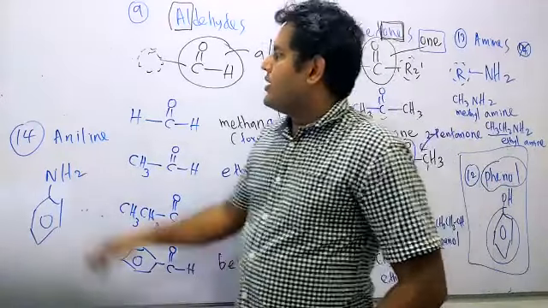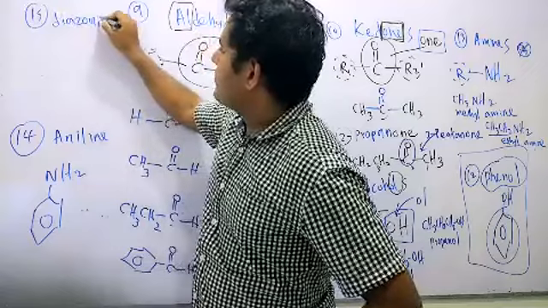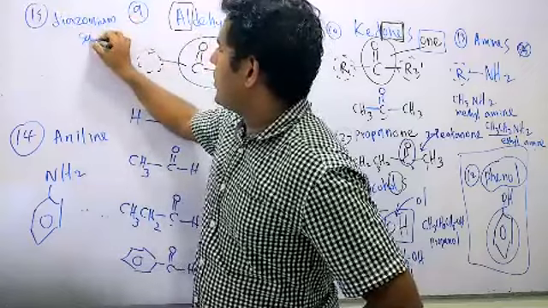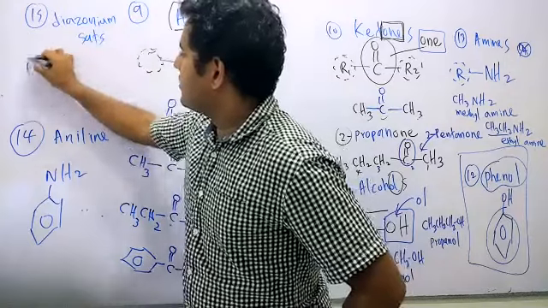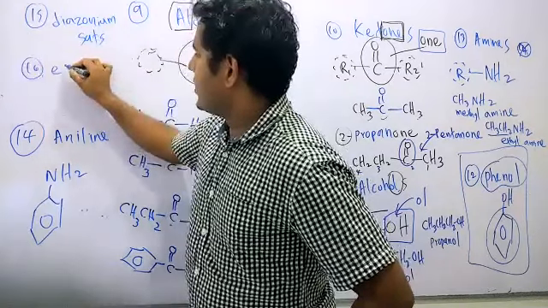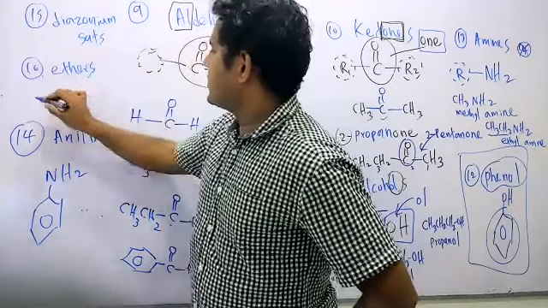We have 2 more compounds. I'll write them the next day. I'll keep the names: diazonium salt, and the 16th one is ethers. Diazonium salts, ethers, alkyl halides.